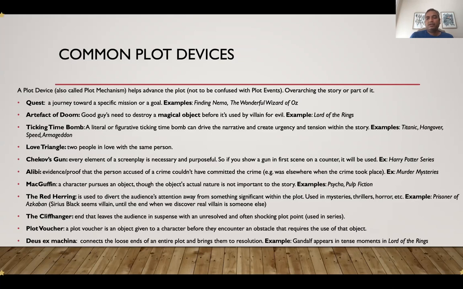If you look at the Harry Potter series, there are plenty of examples of this. Something is shown which is later used. And there are plenty of examples everywhere, generally in detective and mystery novels. An object is shown, which is going to be used later on, right?